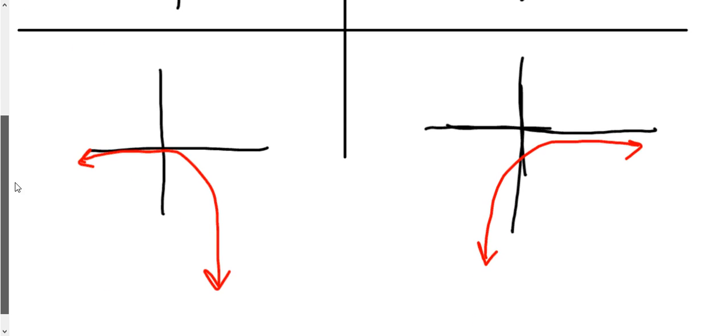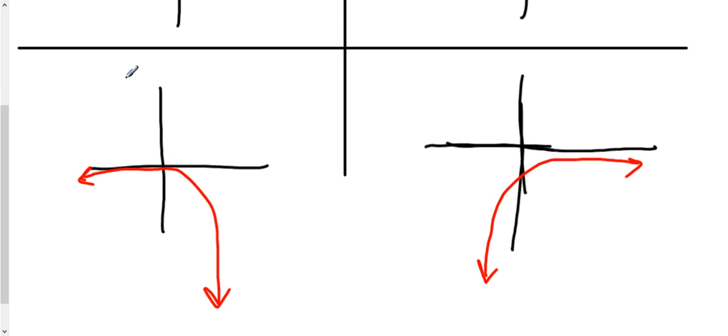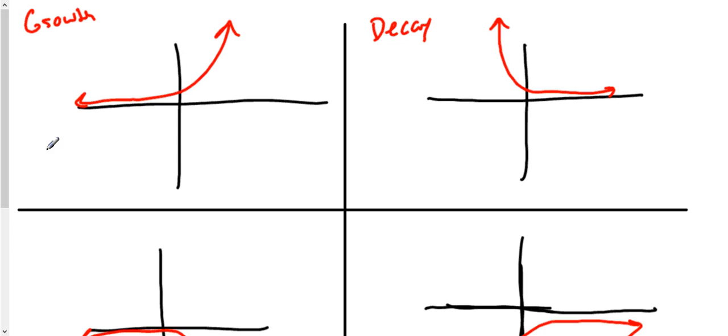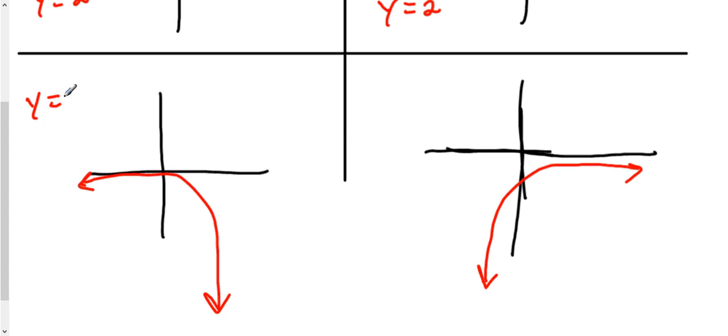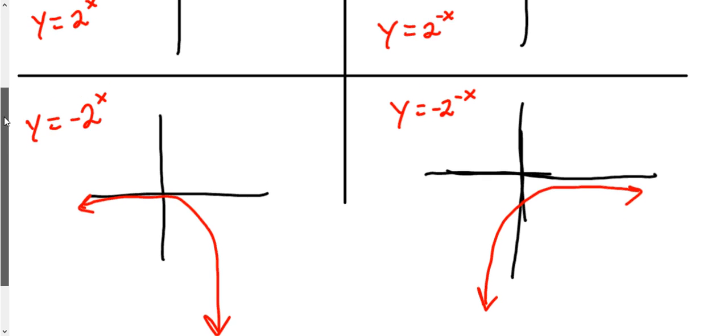If it gets flipped over, because now it's a negative in front. So if we want to give this one values, this is like 2 to the x. This one becomes 2 to the negative x. This one is negative 2 to the x, while this one is negative 2 to the negative x, right there.